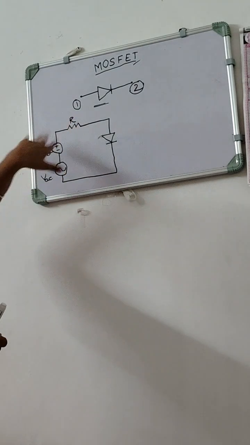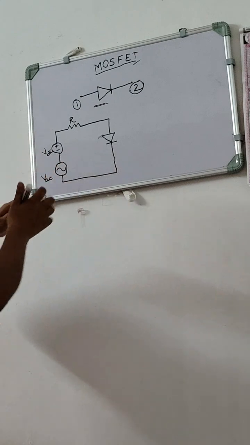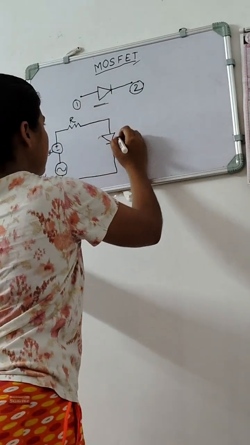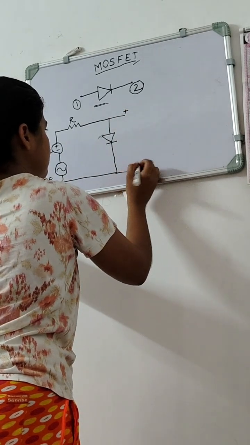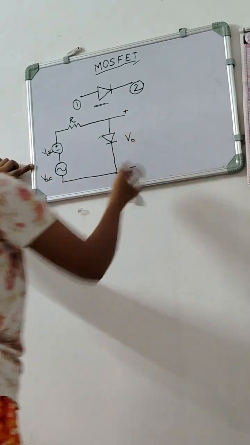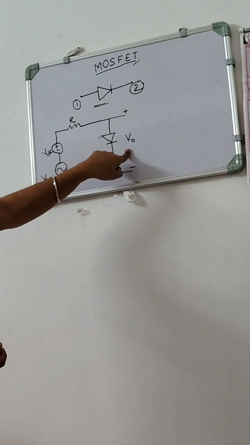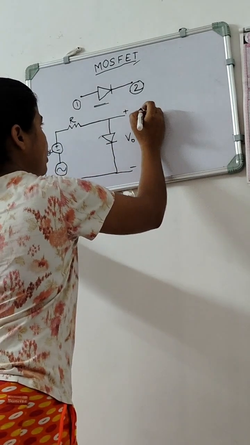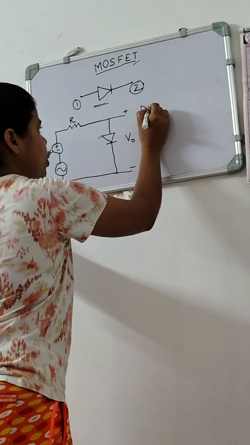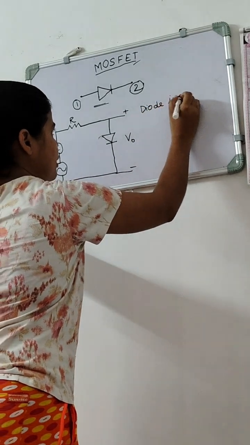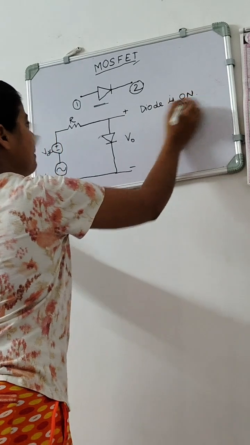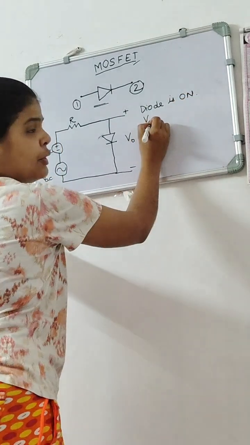If we do the small signal analysis for this, here this is plus, this is minus, so it is V0. This is our output voltage V0. Now if we consider diode to be on, then what will be our V0?